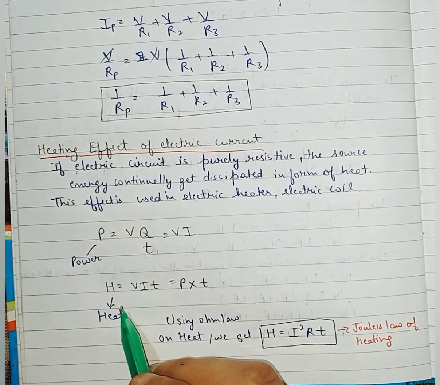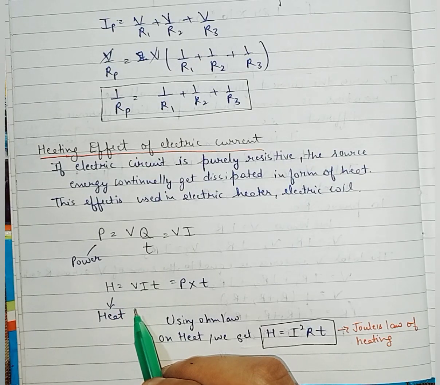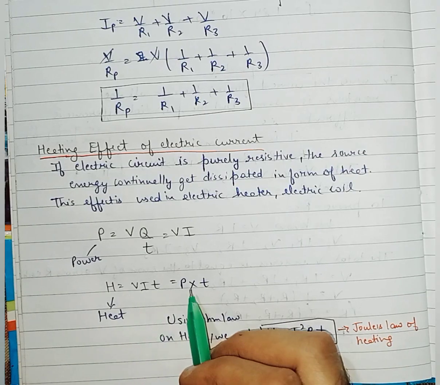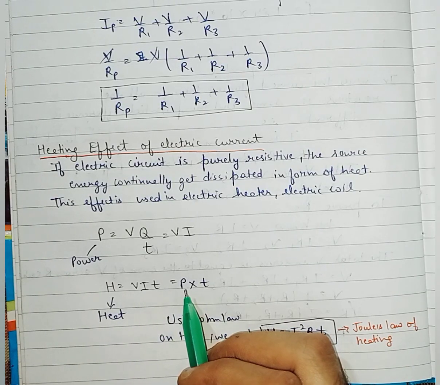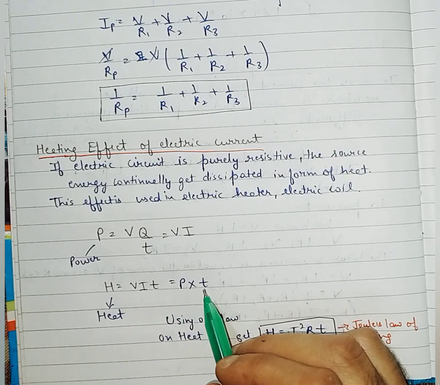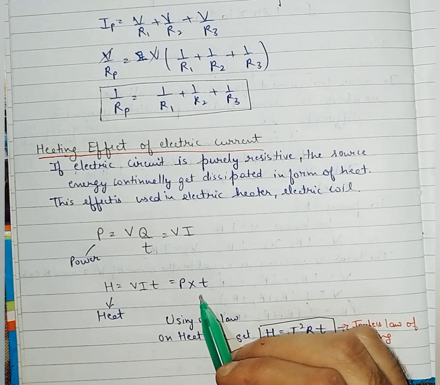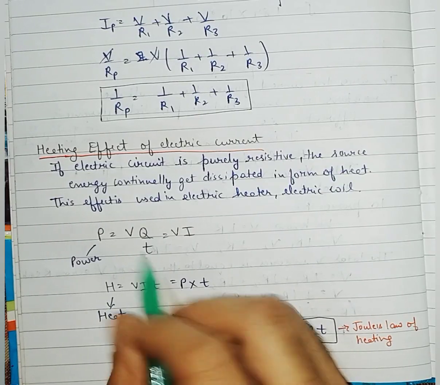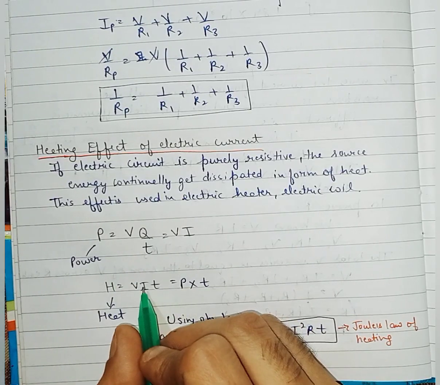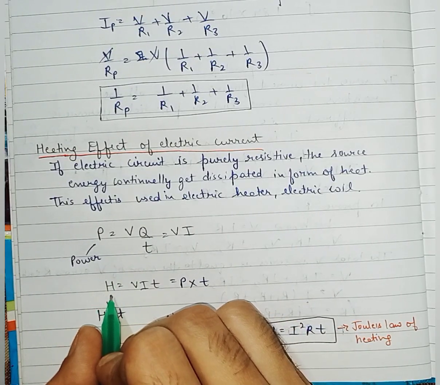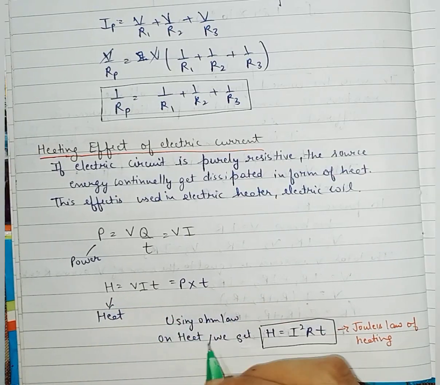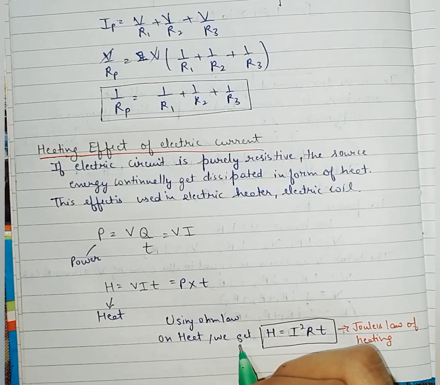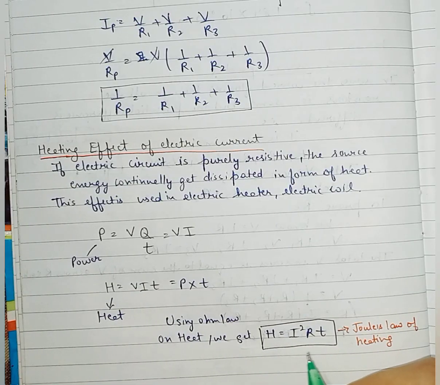Now heat is a form of energy, which is equal to the power generated multiplied by the time used. So according to P equal to VI, we can form the equation H equal to VIT. Then using Ohm's law on this equation, we get H equal to I square RT, and this is Joule's law of heating.